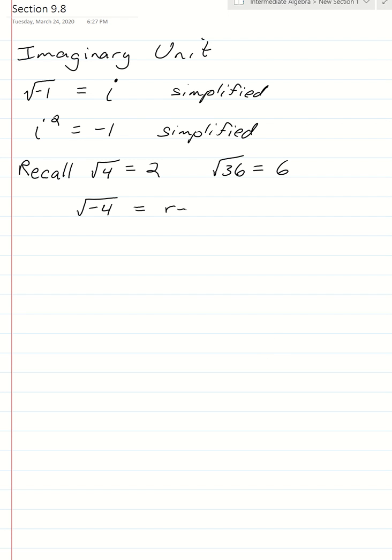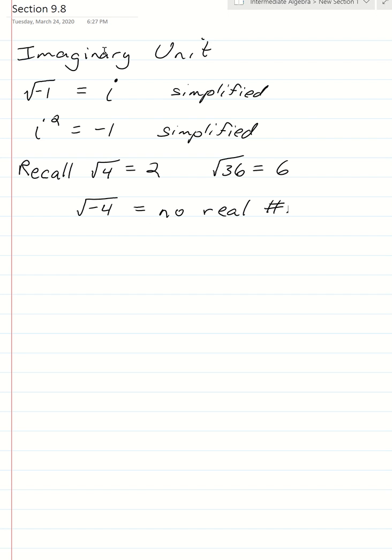We said that there was no real number. Okay? And that's still true. In the real number system, we cannot take the square root of a negative 4.